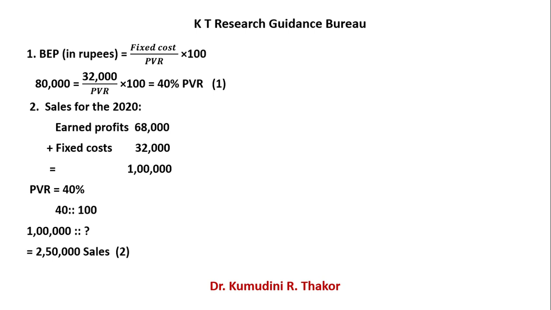Third question is about sales increased by 20%. If your sales increases by 20%, sales you found out 2,50,000. 20% of 2,50,000 is equal to 50,000.